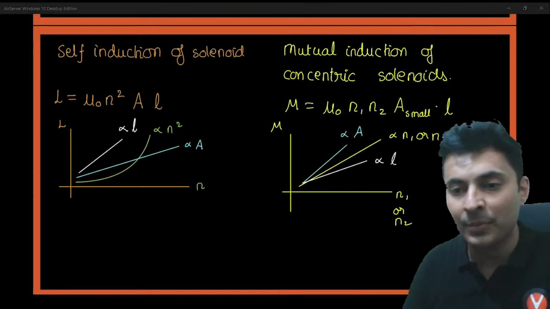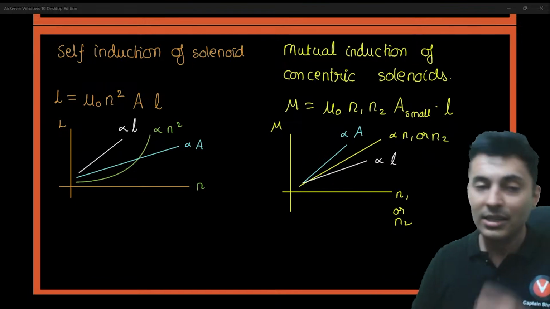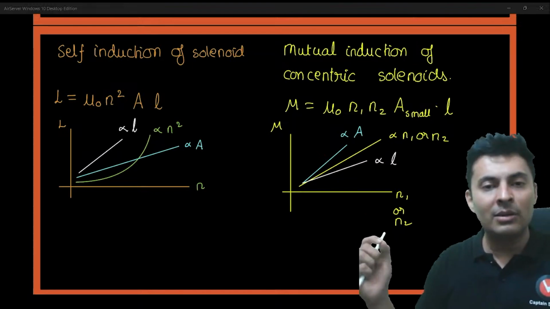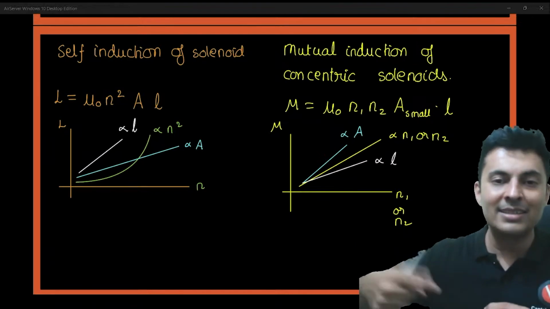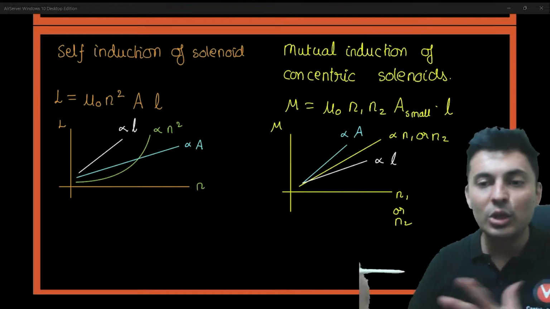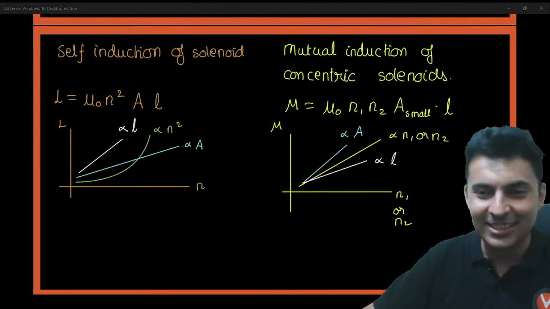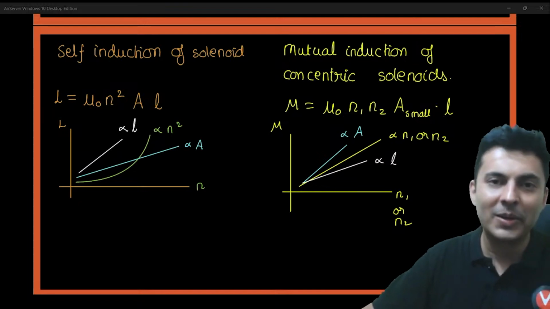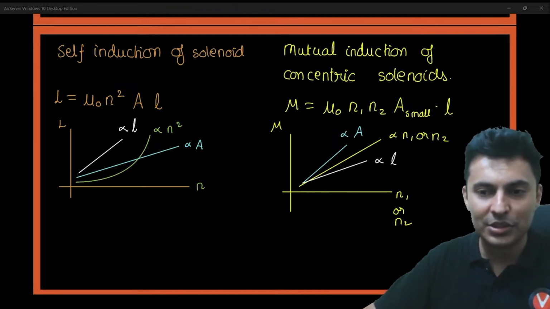Accordingly, you will change whether it is directly or inversely proportional to either of the quantities. Sometimes they can just tell you the length of the wire is constant, only the number of windings has been changed. So accordingly, you will adjust it just like we did for the previous questions. Is that okay? Understood? Clear? Can we go ahead? Very good.